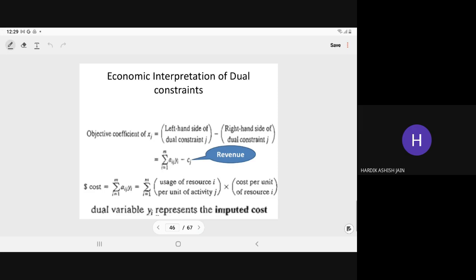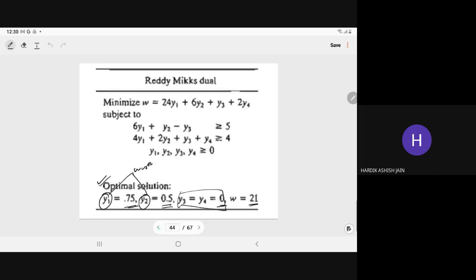You know that Zj minus Cj means the left side of the dual constraint minus the right side of the dual constraint. Here we have written the objective coefficient of xj. So Zj minus Cj is equal to the left-hand side of the dual constraint minus the right-hand side of the dual constraint.